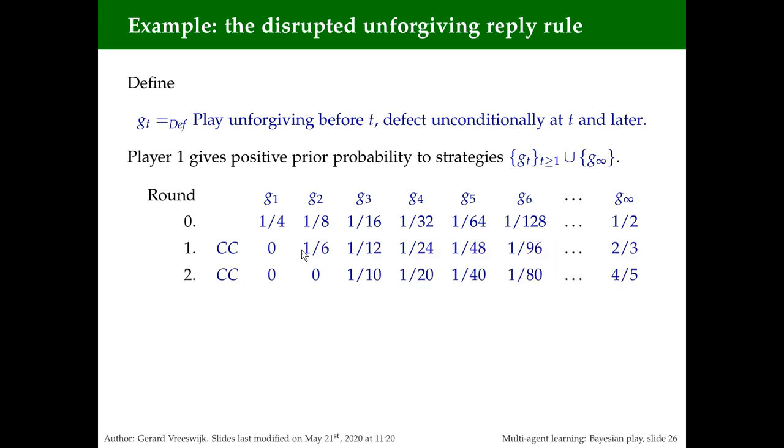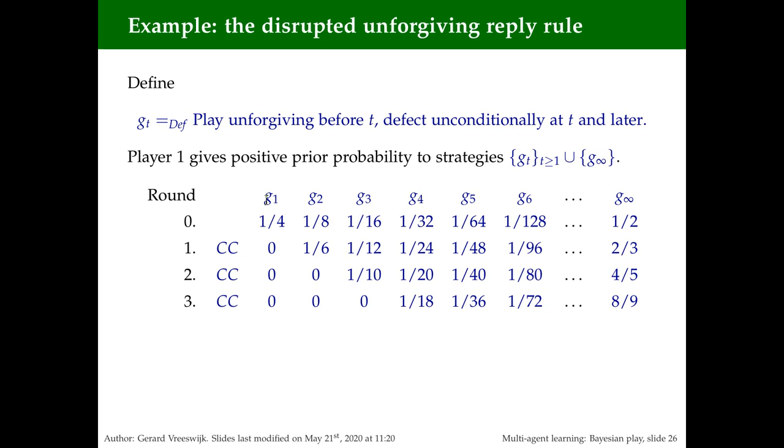Now, if the opponent cooperates in the second round, then we can rule out that it avails themselves of G sub 2, and you see that the proportions among the probabilities are respected in such a way that they still add up to 1. And that is thanks to Bayesian updating. And so on and so forth.